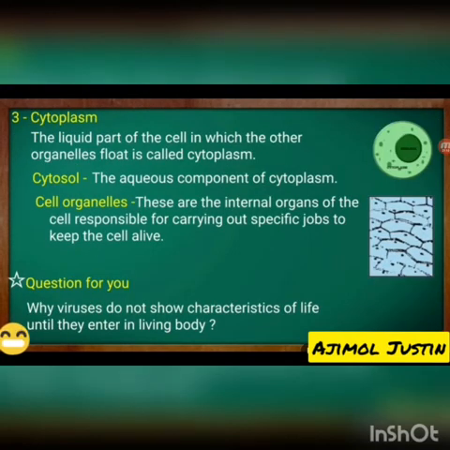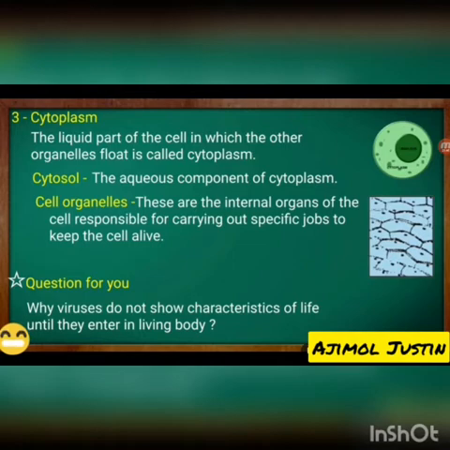Now the next part of a cell is cytoplasm. Cytoplasm is a liquid part of the cell in which other cell organelles float. What is cell organelles? Just like human beings, we are made up of different types of organs which perform different functions, right?